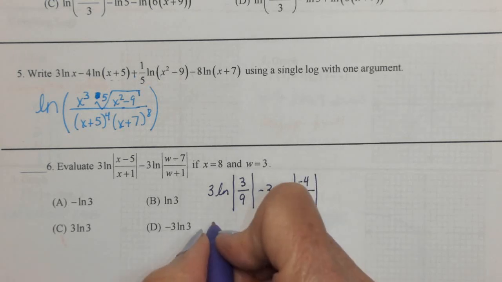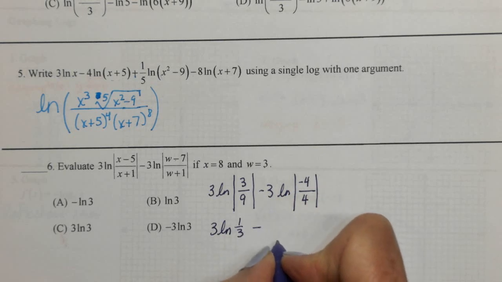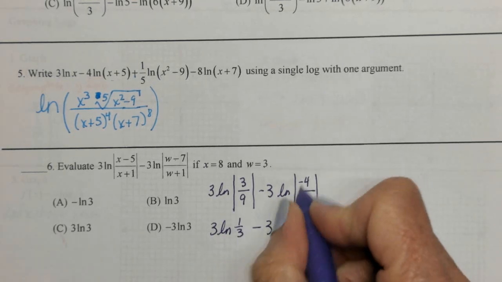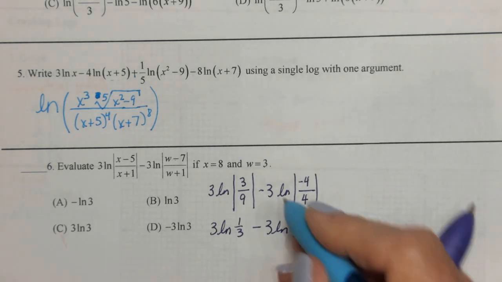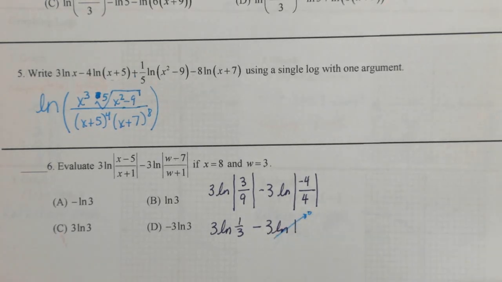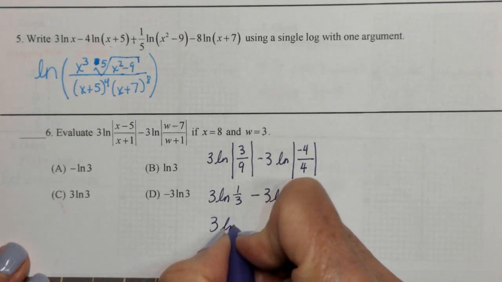Okay, so this is 3 ln of 1/3 minus 3 ln of the absolute value of negative 1 is 1. ln of 1 is 0. So this is just 3 ln of 1/3.